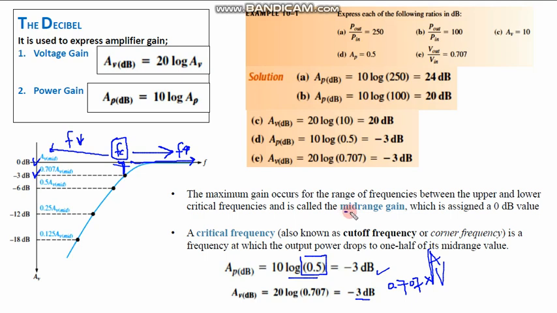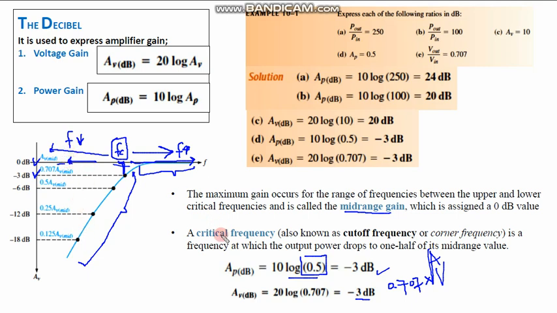We call this the mid-range gain, and this is the area where your amplifier operates. And this is the area where, when you decrease the frequency, a reduction in the voltage occurs, right?